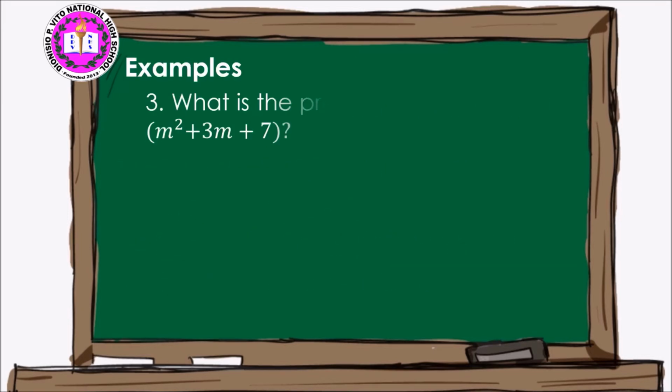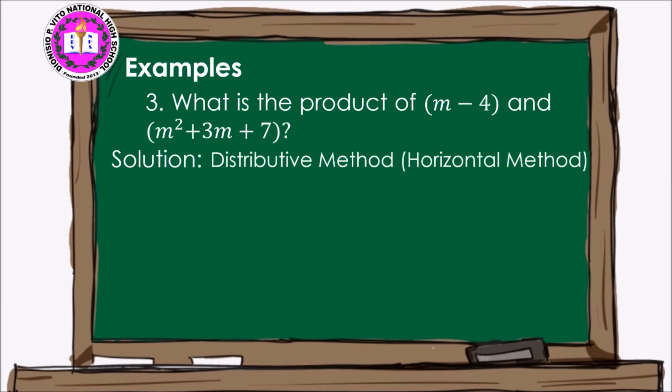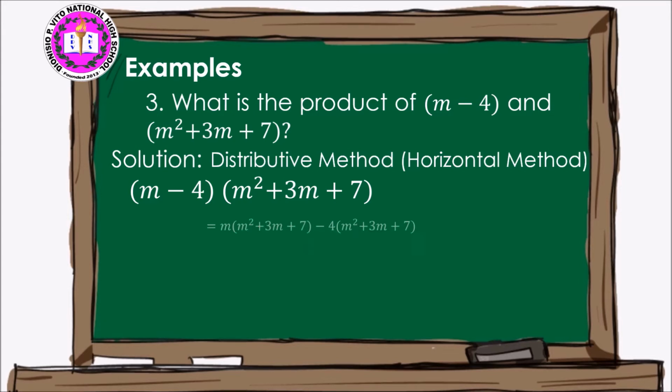Another example, what is the product of m minus 4 and m squared plus 3m plus 7? So our solution, we're going to use the distributive method or horizontal method. So we have (m minus 4) times (m squared plus 3m plus 7).